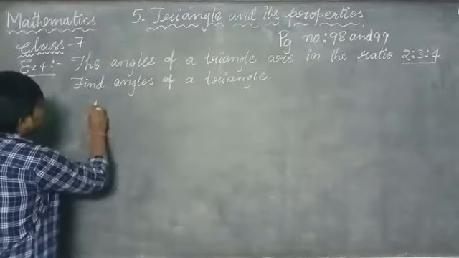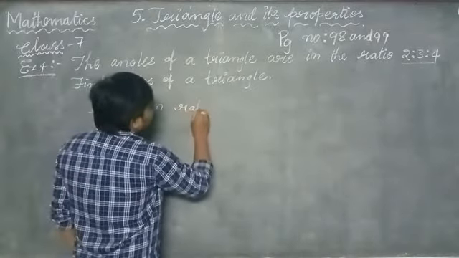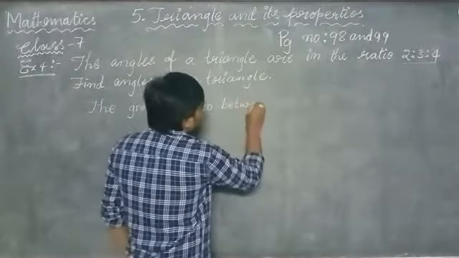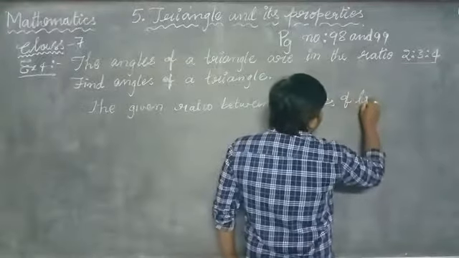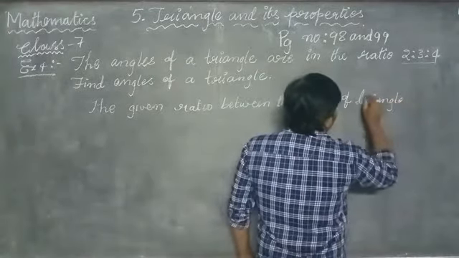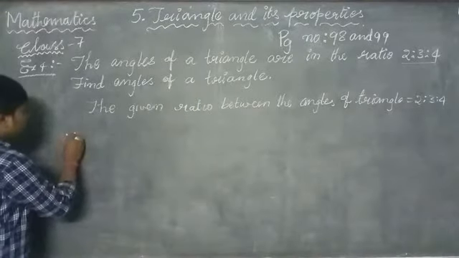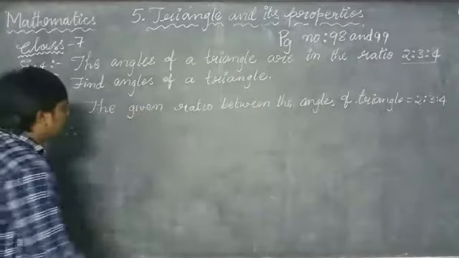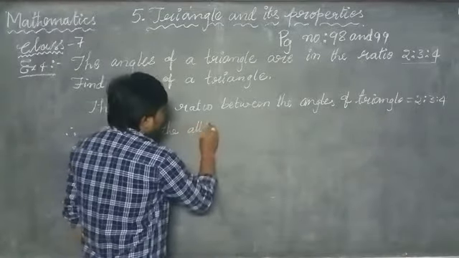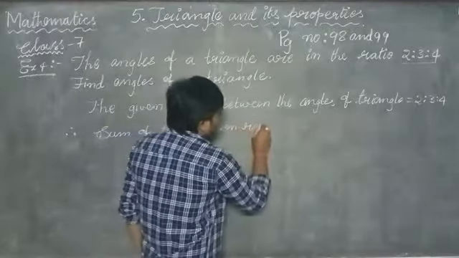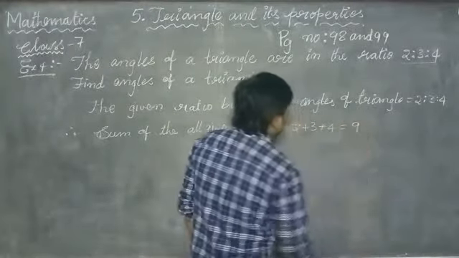Now the given ratio between the angles of a triangle is 2:3:4, and now we have to sum all the given ratios. 2 plus 3 plus 4, it means 9.